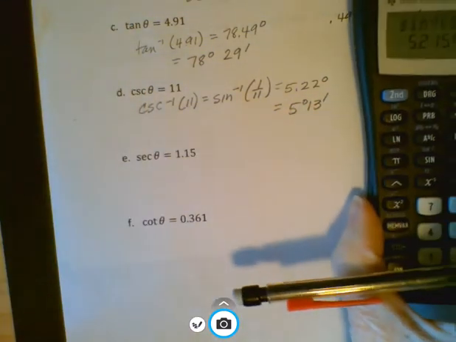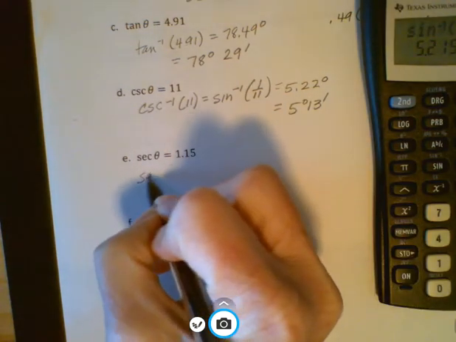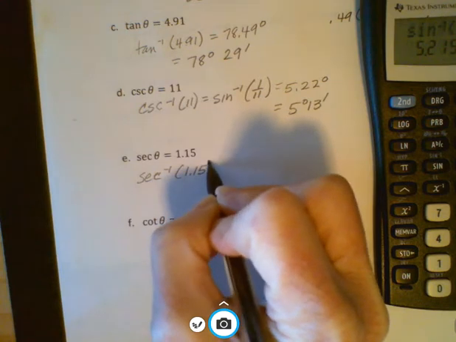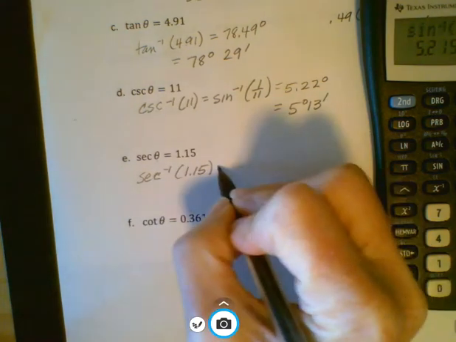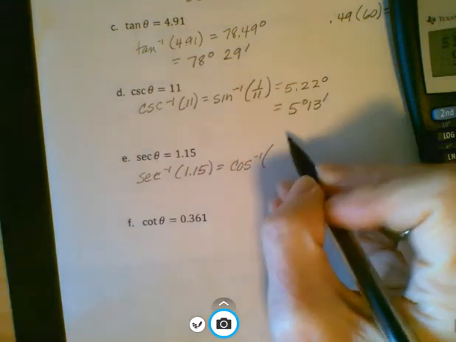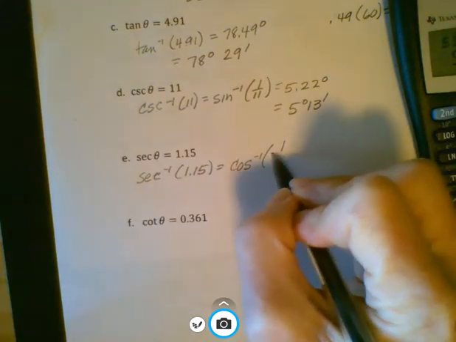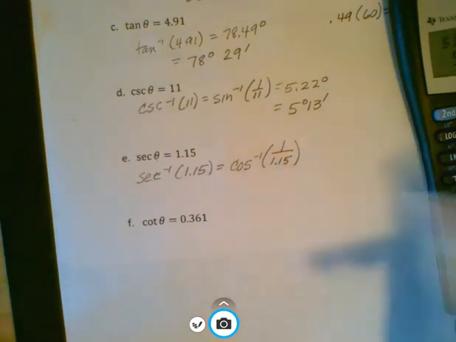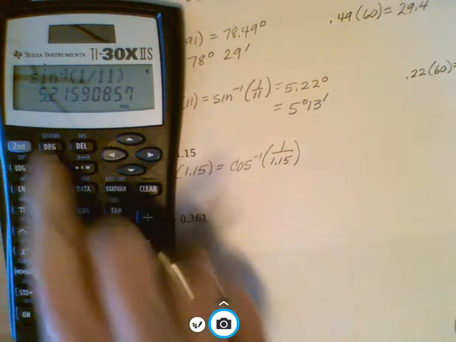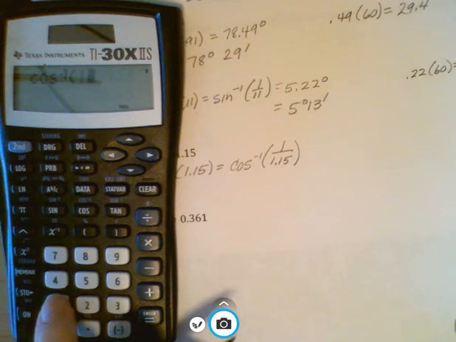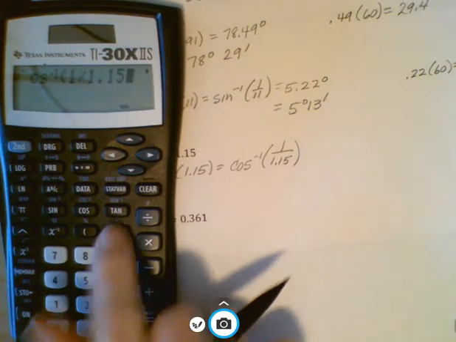Okay, secant. This inverse secant of 1.15 will tell us what theta is. Of course, we don't have a secant button, but we have inverse cosine, and we can just write it like this. Don't be afraid to write 1 over 1.15. It looks a little funny, but it's okay for a calculation. Second, cosine, 1 divided by 1.15.